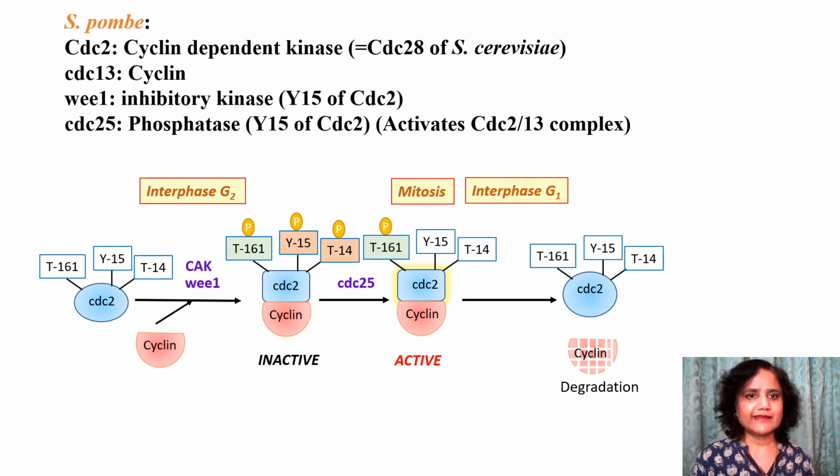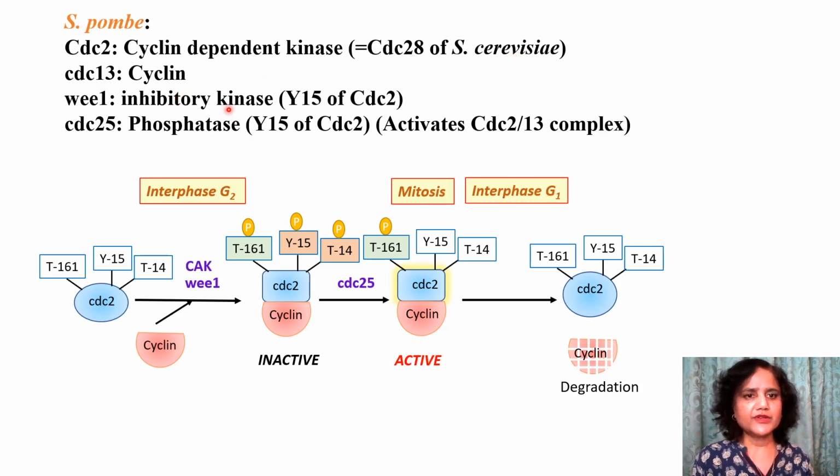Shown here is the example of fission yeast. Here CDC2, which we discussed earlier as the CDC2 mutant, stands for cyclin-dependent kinase, and it is equivalent to CDC28 of budding yeast. CDC13 corresponds to the cyclin.